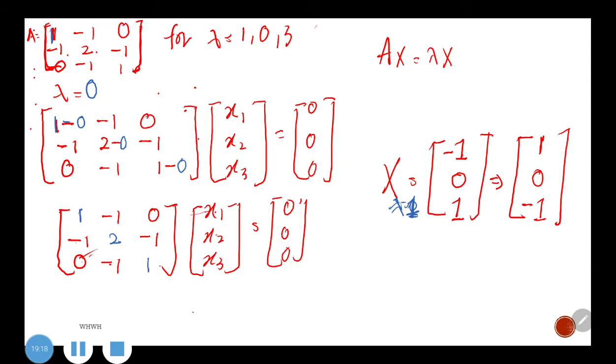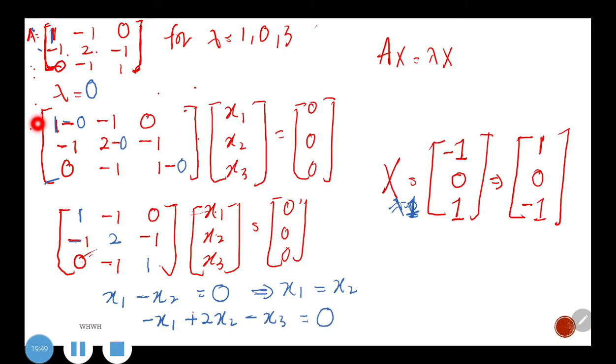So if you multiply this, you will get x1 minus x2, okay, plus with x3 times 0, you will get 0. So basically kat sini it will give you x1 kena sama dengan x2. Alright, and then the second one, okay, minus x1 plus 2 x2, okay, and then minus x3 equals to 0.